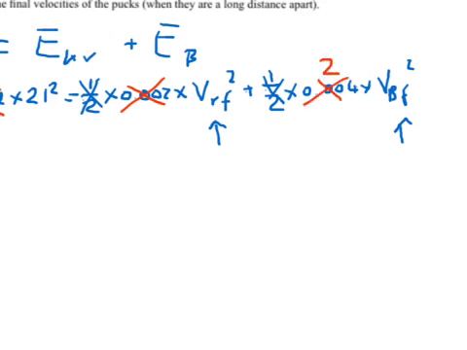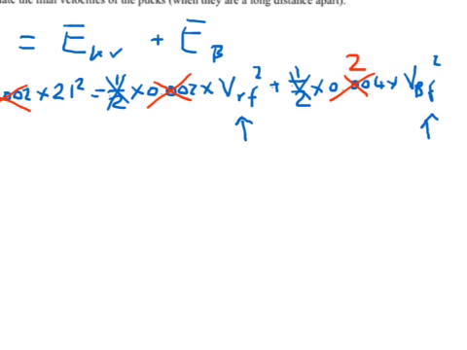So we end up with 21 squared equals VRF squared plus 2VBF squared. We could reduce that down a little bit more if we really wanted to.